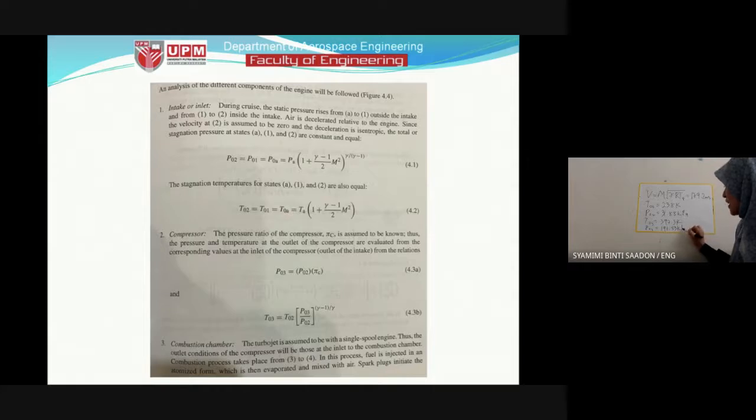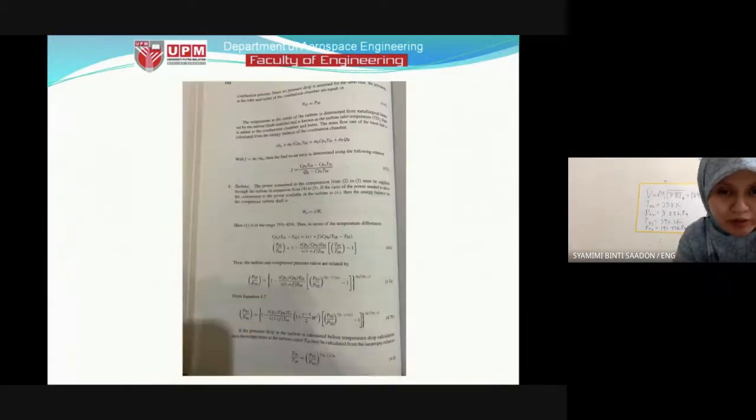Okay, later on you verify the answers. I just show you the steps. So this equation uses the compressor pressure ratio 6. Then we have 0.3 and then 0.4.